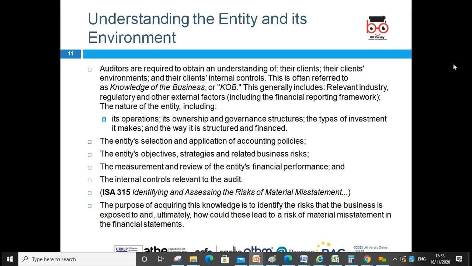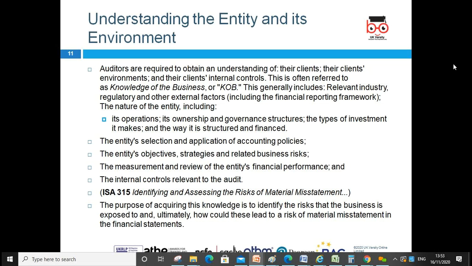Or you may be a government sector organization. Consider the ownership, governance structure, types of investment, and the way the entity is structured and financed. Also the entity's selection and application of accounting policies, the entity's objectives and strategy, the measurement and review of the entity's financial performance, and internal control relevant to the audit.